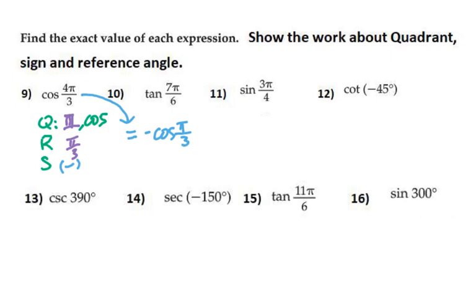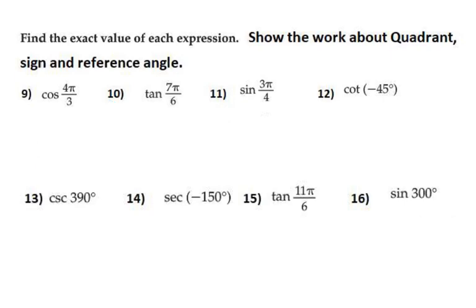Pi over 3 equals 60. Cosine 60, that means negative 1 over 2. Now let's go to number 10. 7 pi over 6, so go to QRS. Third quadrant.